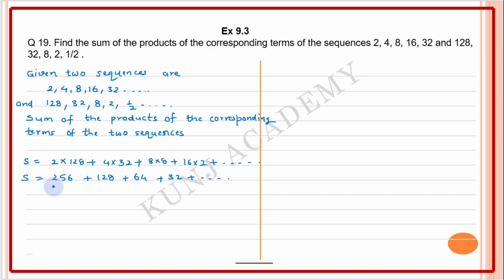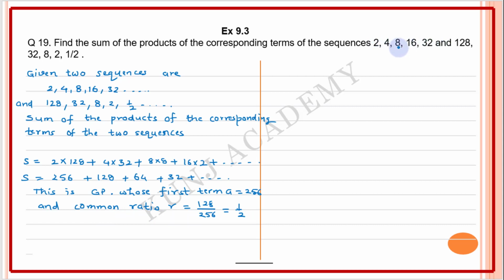First term of this GP is 256. This is a GP whose first term is A equal to 256 and common ratio is 128 upon 256, equal to 1 upon 2.